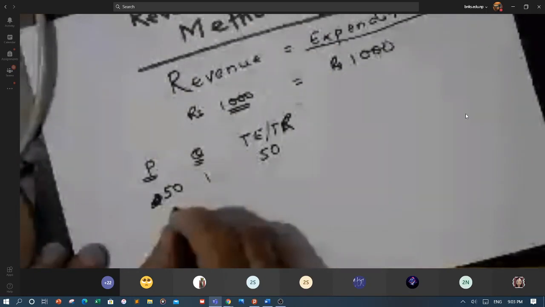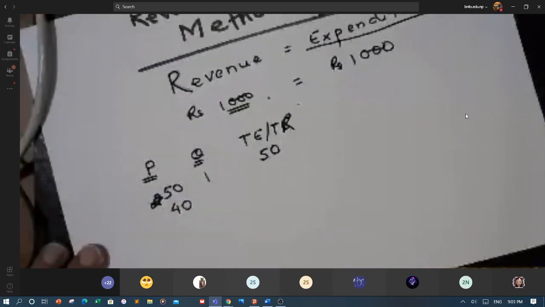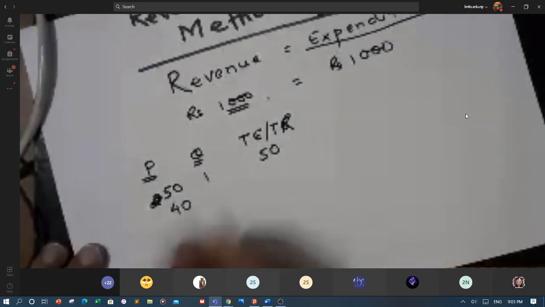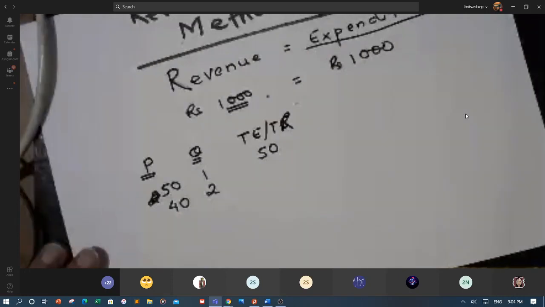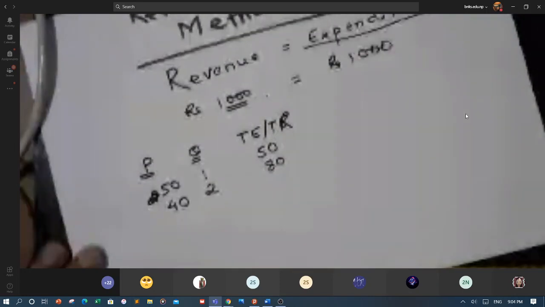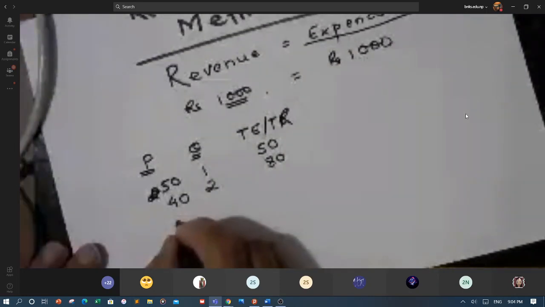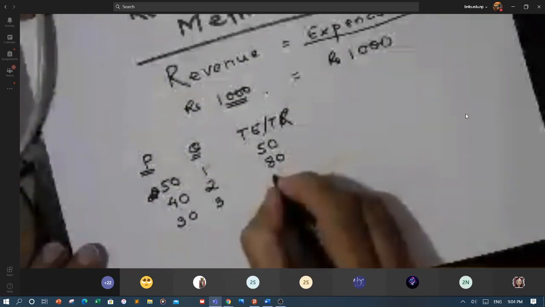Now let's decrease the price to 40. It need not necessarily be a copy here. You decided to purchase 2 units of the good, and your expenditure on that good increased. Further decrease the price to 30.